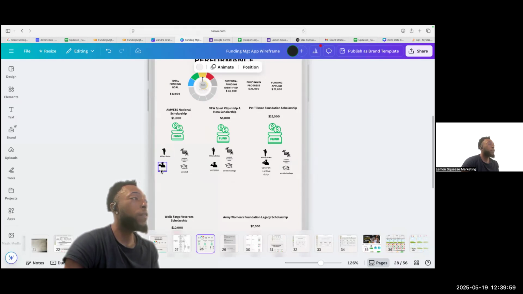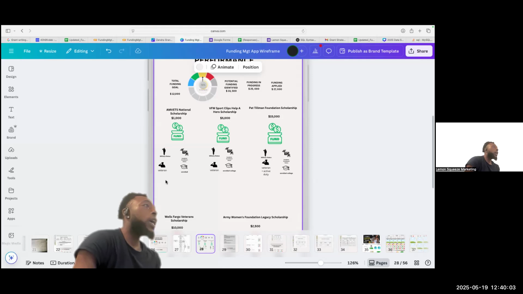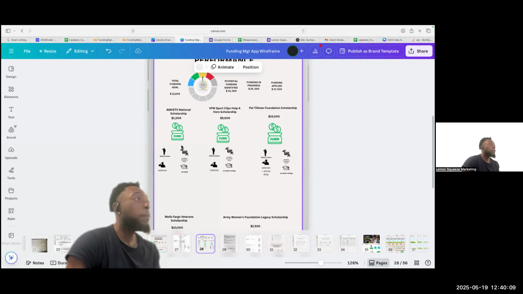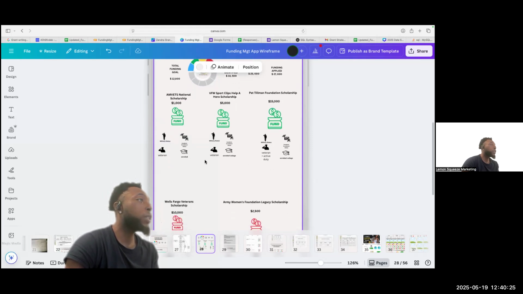They must have a military status of veteran, and they must be enrolled at an accredited university. You can be enrolled in undergrad or postgrad, but you must be enrolled.